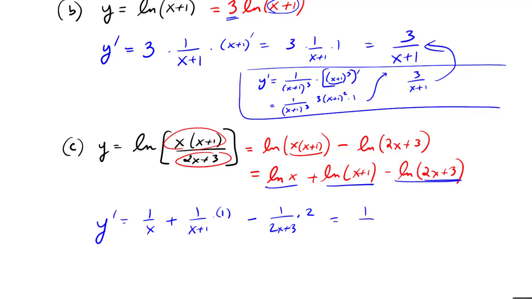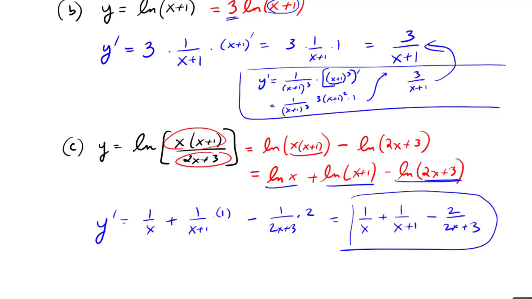So I end up with 1 over x plus 1 over x plus 1 minus 2 over 2x plus 3, and there it is.